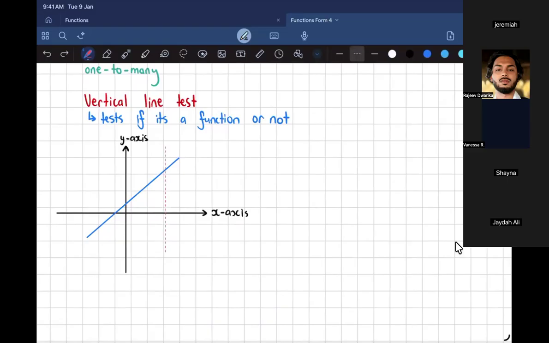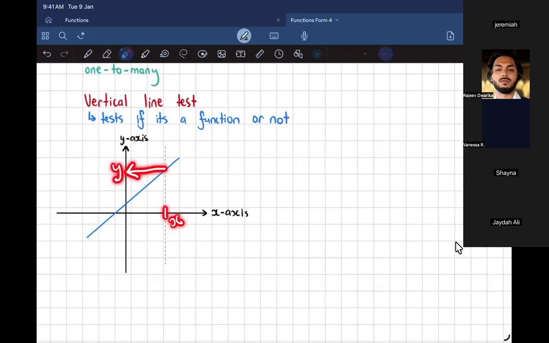And let me show you where the connection is. Jira, an x value can only give you one answer. It can't give you two, right? And we just discussed that. Correct. So we're going into some advanced stuff, but watch. If it cuts the graph at one point, it means that for this x value, it only gives you one y value, which is what we know.